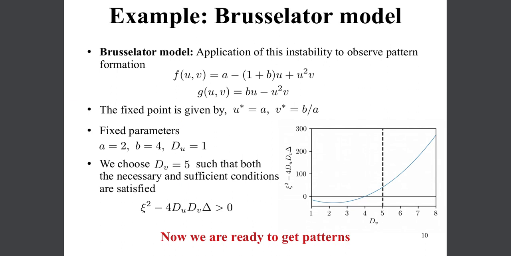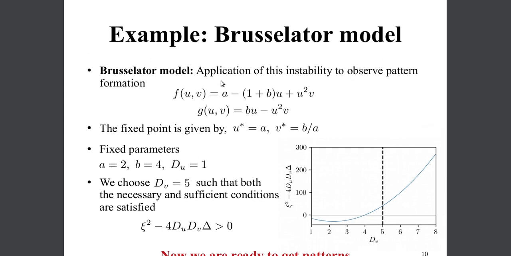Now we have taken a simple example to apply this theory. This is a Brusselator model, and the model is given here, because the functional form of f(u,v) and g(u,v) is important for us.